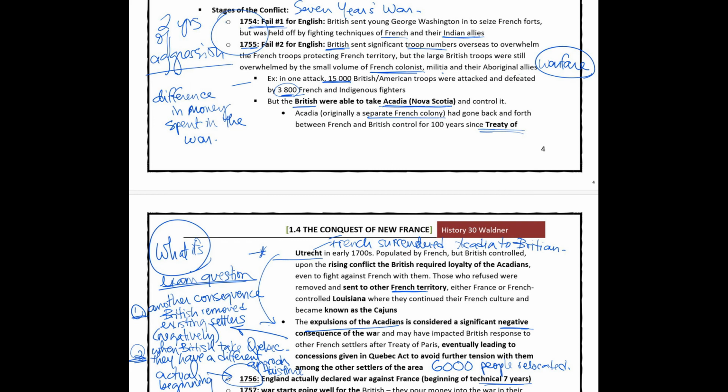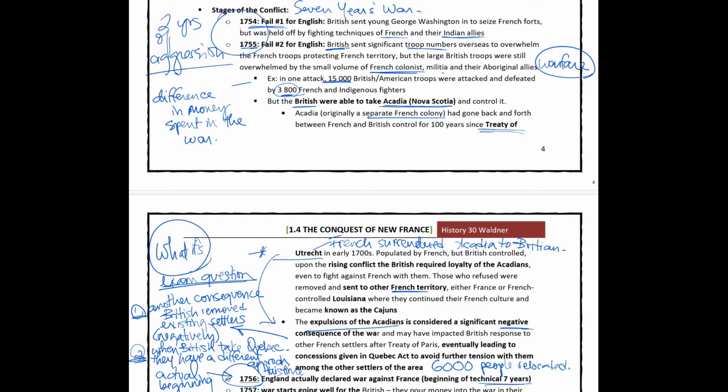Okay. So here's your actual stages of conflict. This is your actual war, Seven Years War. I realize after making this handout, I haven't even written it down on the page here. These are your stages of conflict, and it starts here, those 2 years prior to the actual war itself, right?